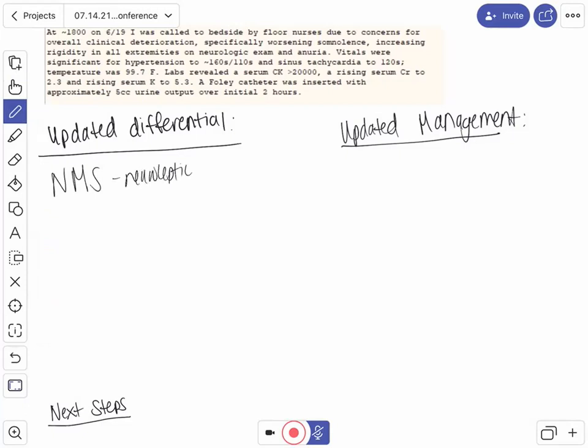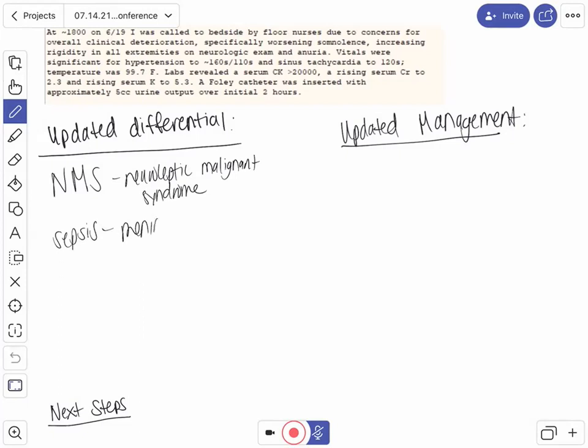Okay. Anything else that table 2 is worried about? What's another thing that you have to think of when someone is altered and febrile with a white count? Sepsis, and more specifically? Meningitis. Great.